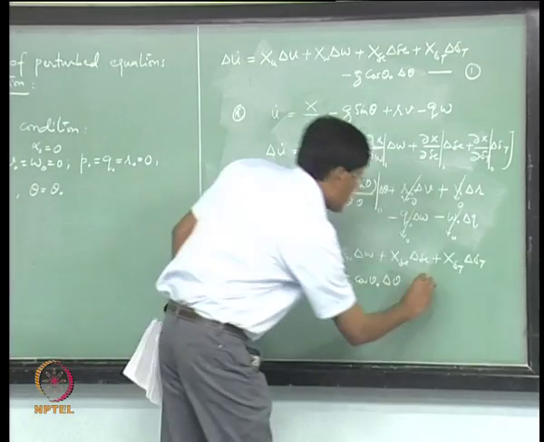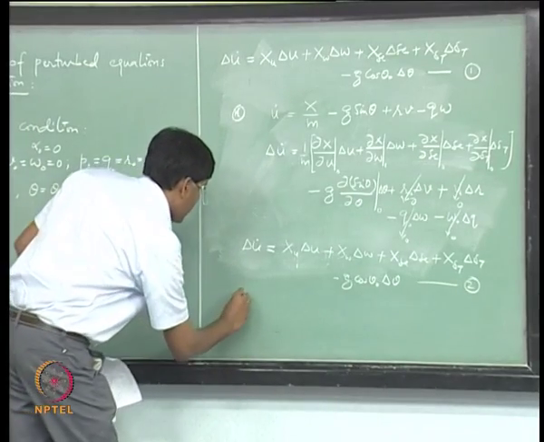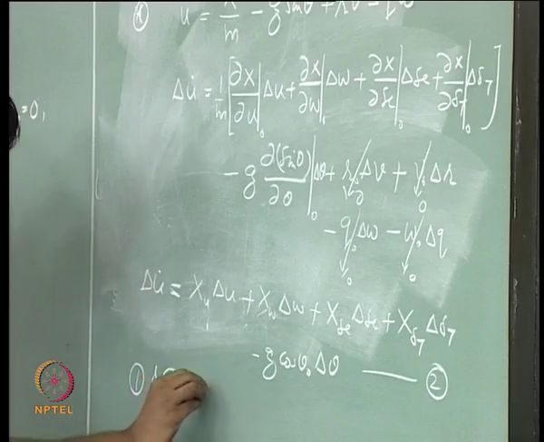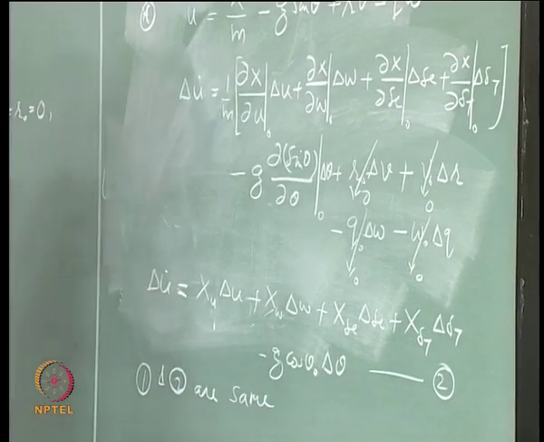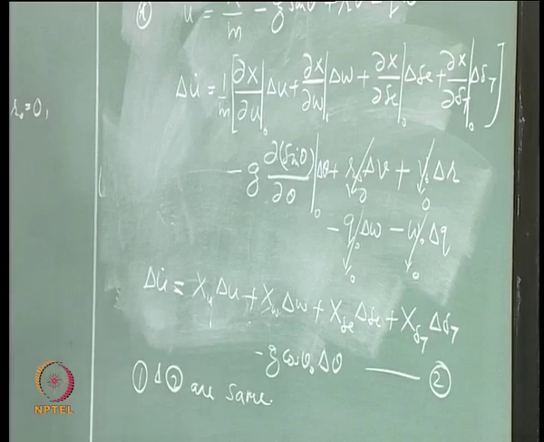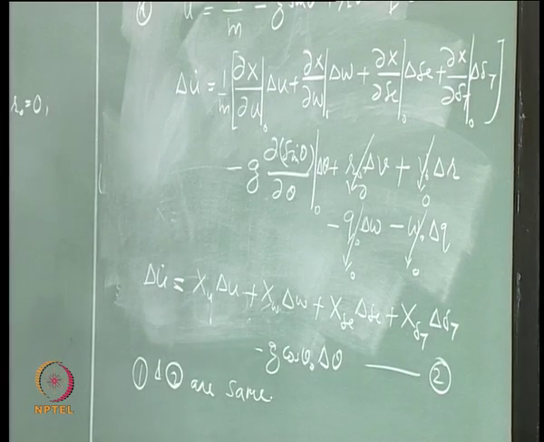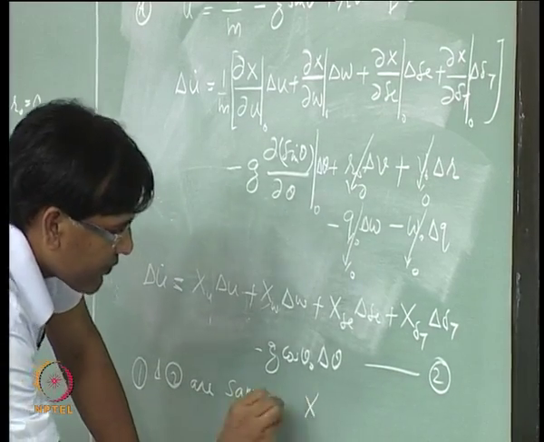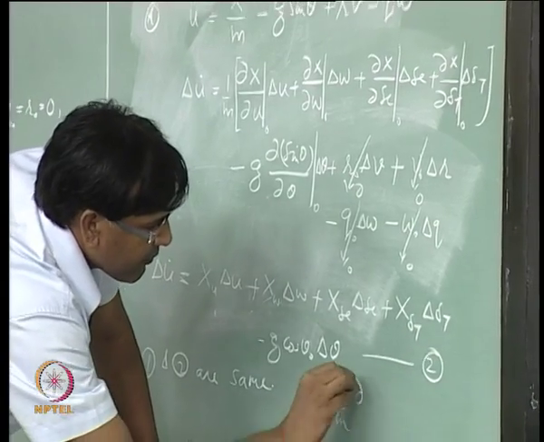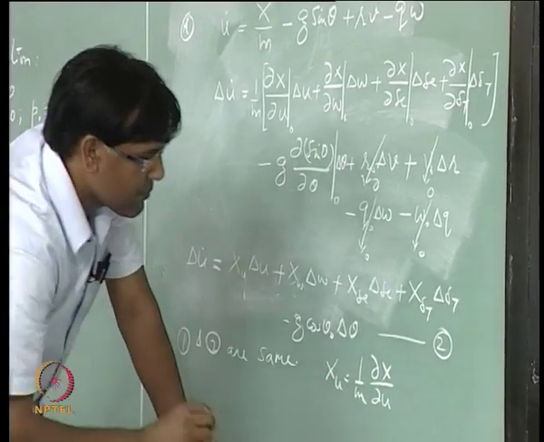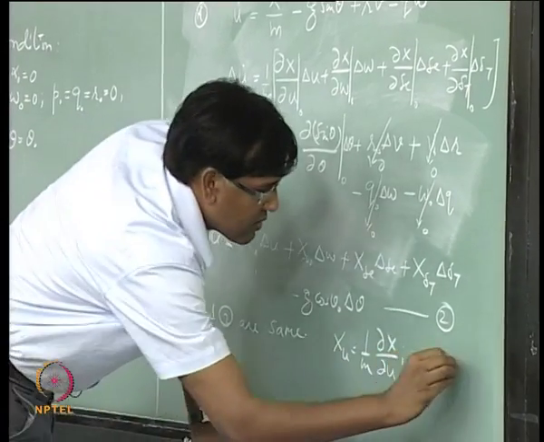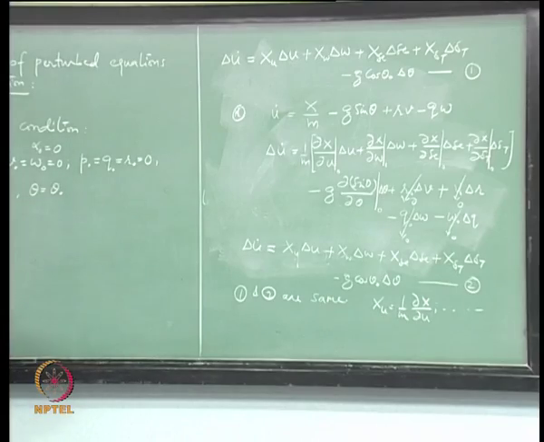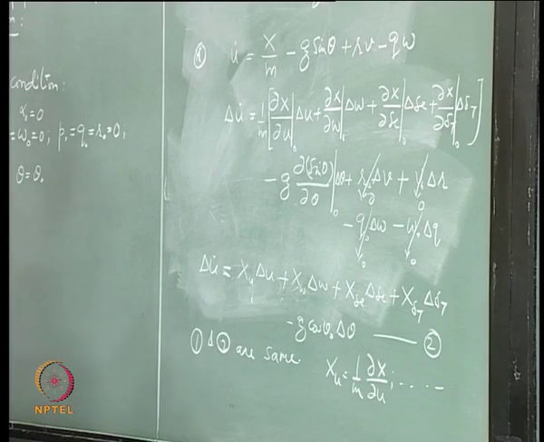So, 1 and 2 are the same, and so on. Is this all right? So, if you have understood this, we can go on writing other perturbed equations.